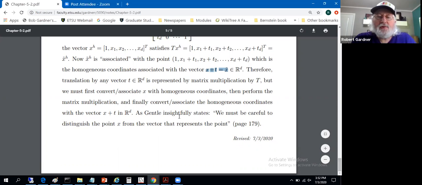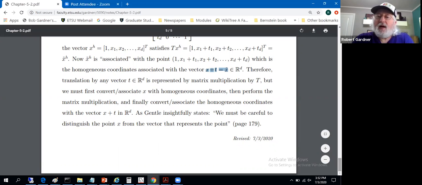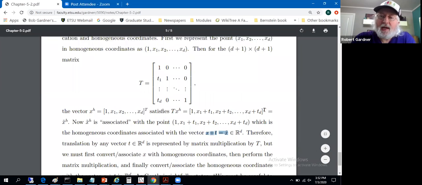With all this, Gentle does say we must be careful to distinguish the point x from the vector that represents the point. And yeah, I second that emotion. There's a big difference between vectors and points. He's bouncing between vectors and points and components and coordinates in what he's set up here. But there's my version of what he's presented there.